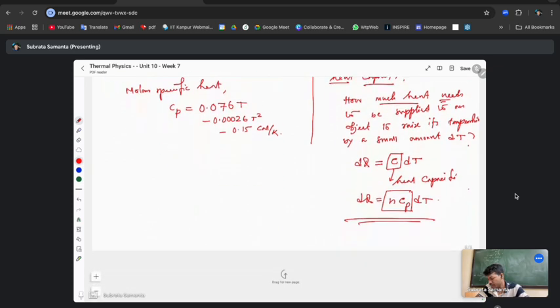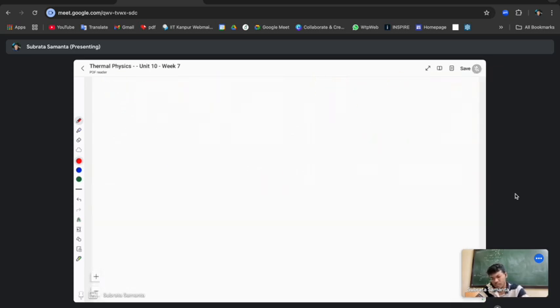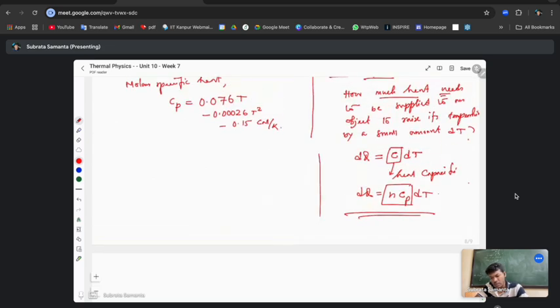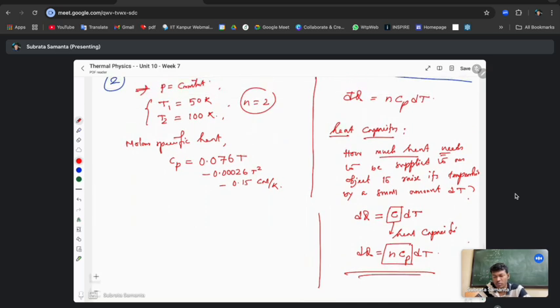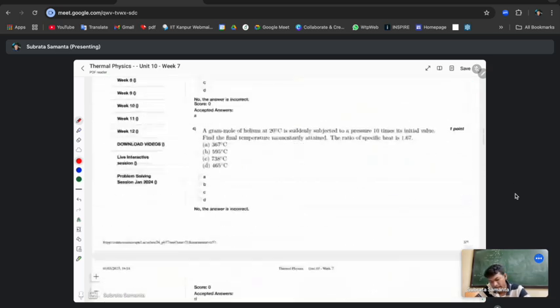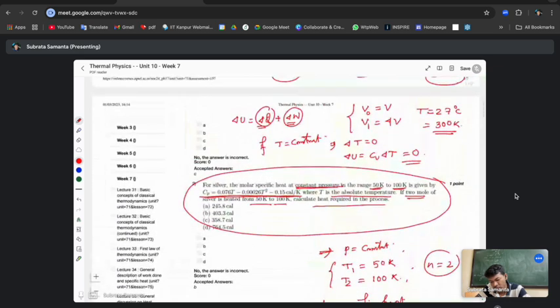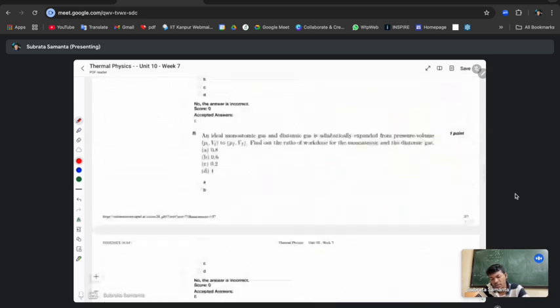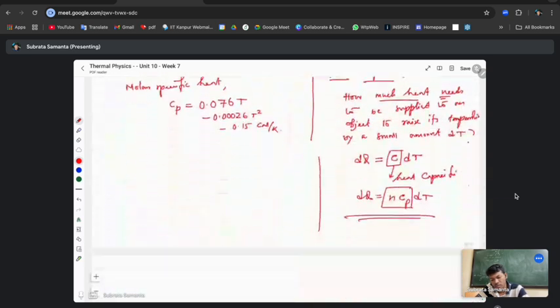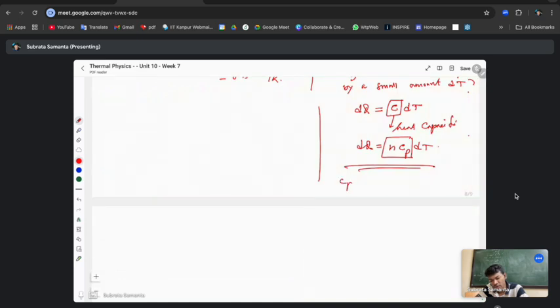Now the molar heat capacity is the heat capacity of 1 mole of substance. So this Cp is the molar heat capacity. Going back to the problem, the molar specific heat Cp is the molar heat capacity.